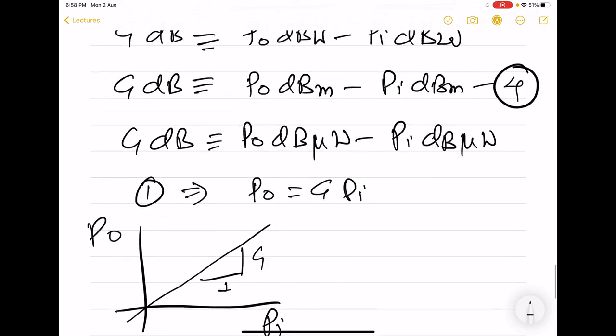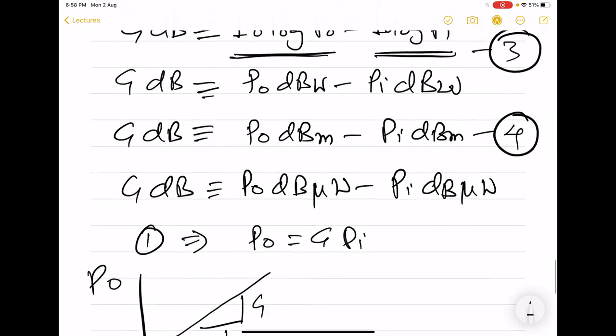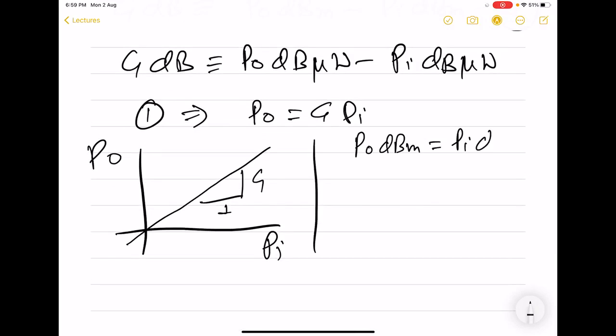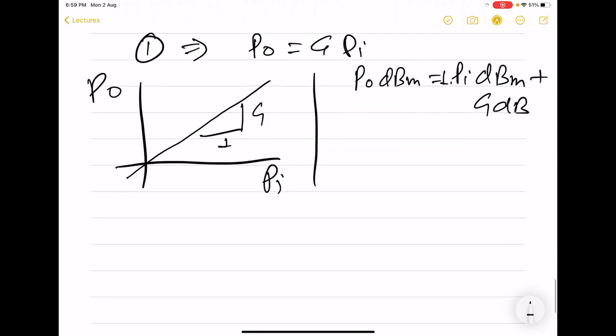However, if we see equation, say 3 or 4, for example 4, here what we see is we again have output power, the equation of a straight line. But in this case, you can see that the slope is no longer G, rather it is equal to 1.